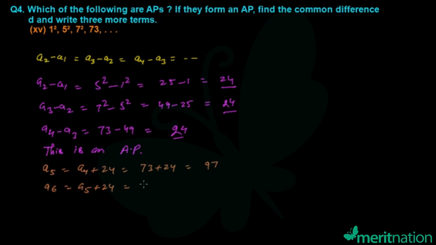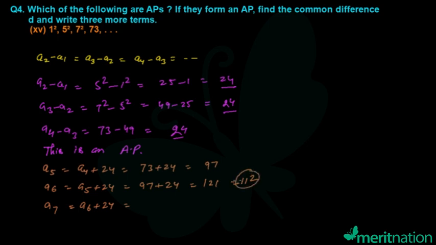It becomes 97 plus 24, further 121, that is equal to 11 squared. The next term is a7, equal to the last term a6 plus the common difference 24. a6 is here 121.